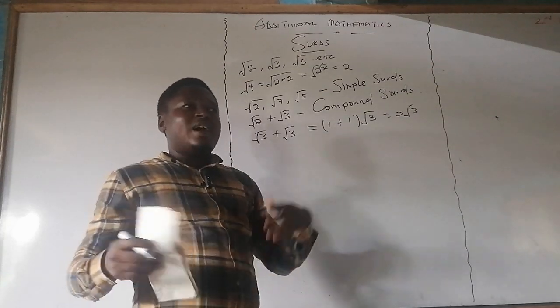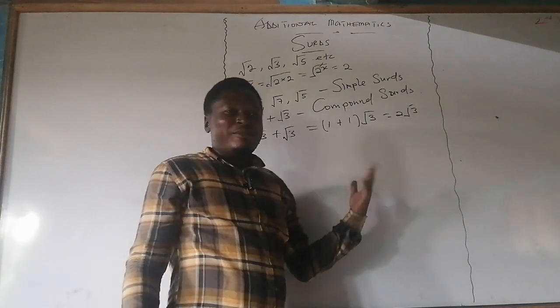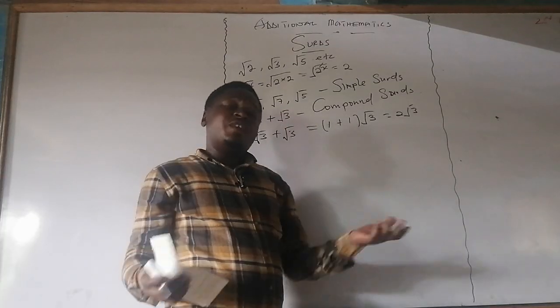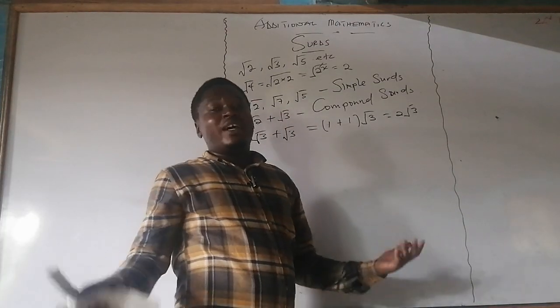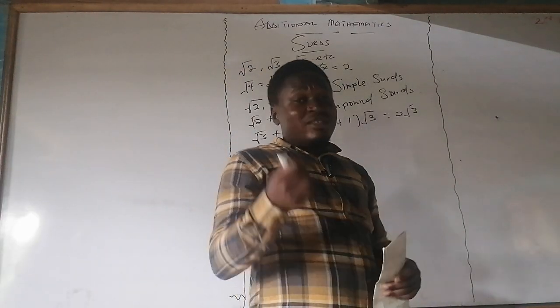Now, this is just the first thing that we should learn before we check some of the other ways that we can guide ourselves when we are solving surds. That is going to bring us to the identities.